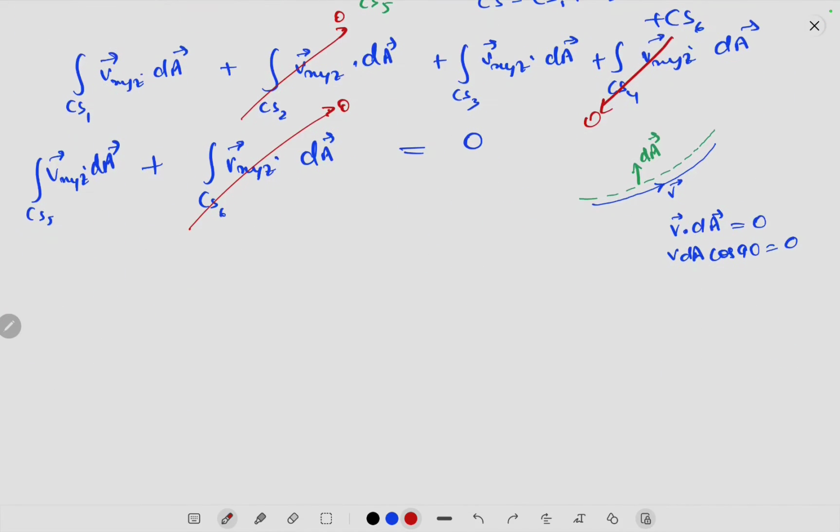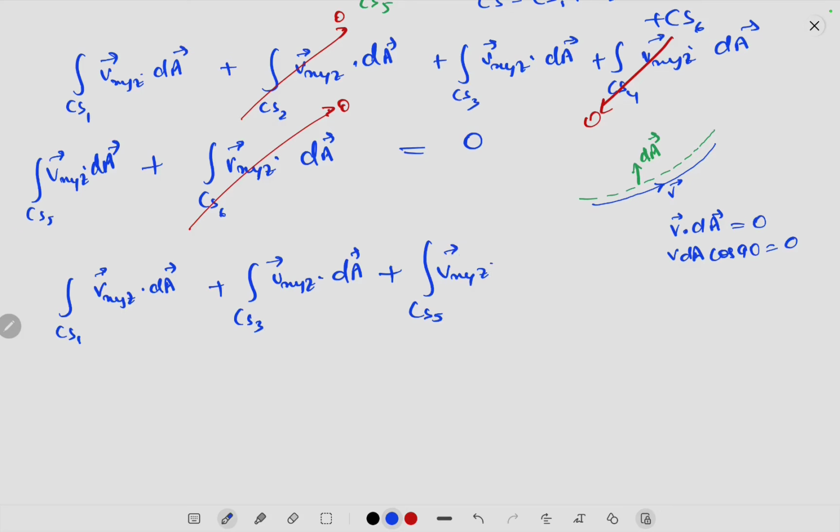So let's just write them. This is integral CS1 Vxyz dot dA plus integral over CS3 Vxyz dot dA plus integral over CS5 Vxyz dot dA. This should be 0.